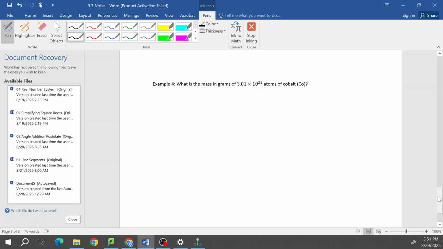What is the mass in grams of 3.01 times 10 to the 21 atoms of cobalt? Again, what is it I'm looking for? I'm looking for mass. And mass is measured in grams, so X grams of cobalt is equal to, they give me now atoms. So then I need to multiply by my conversion factor. In this case, I need to cancel out atoms, so atoms has to go on the bottom.